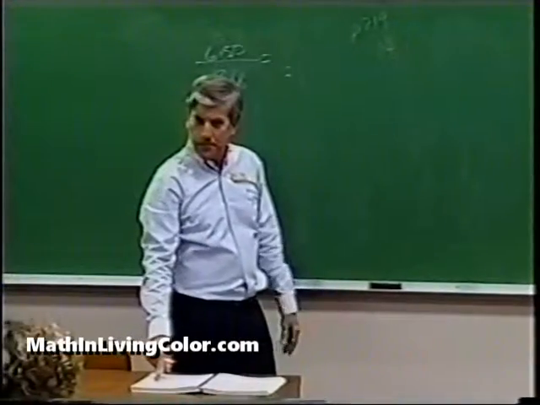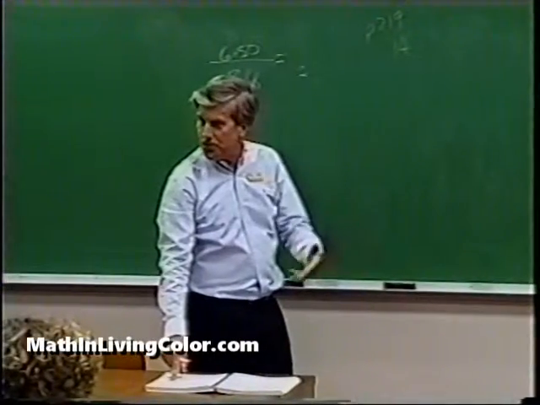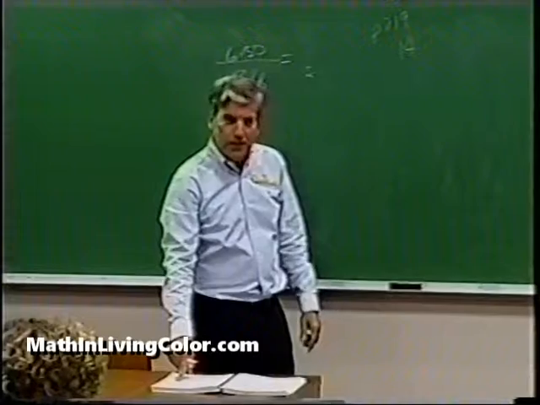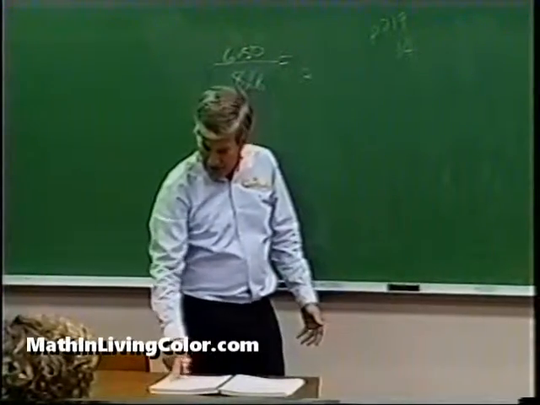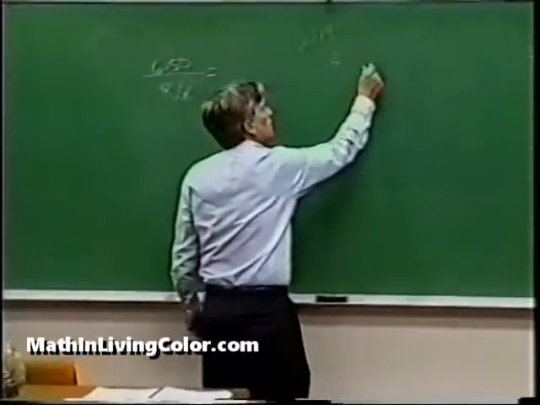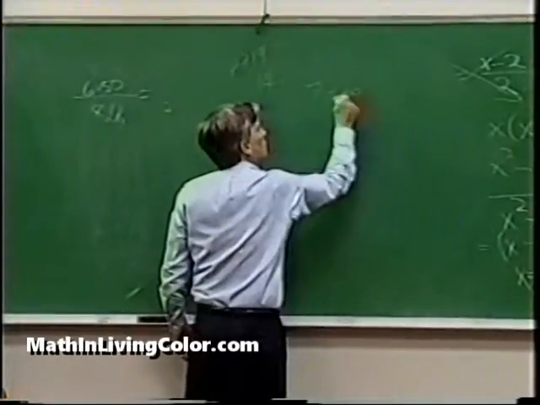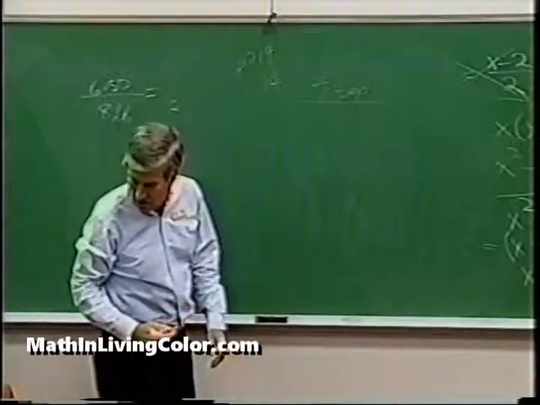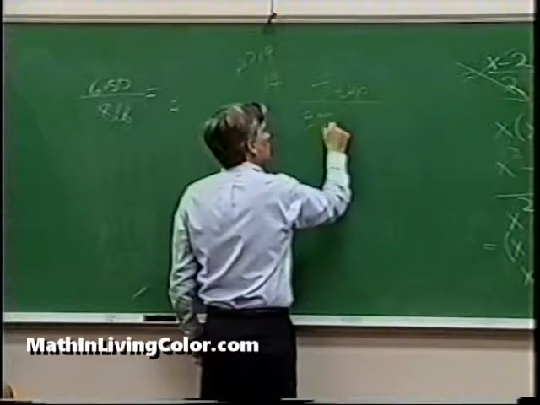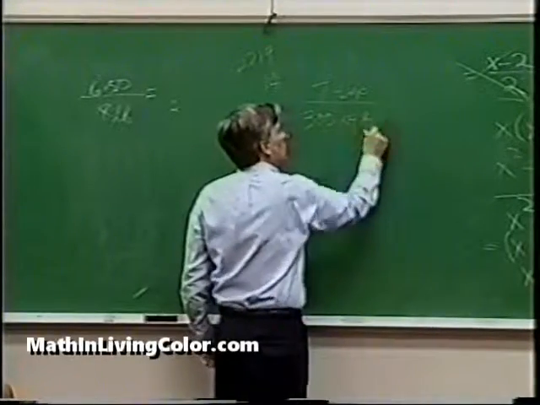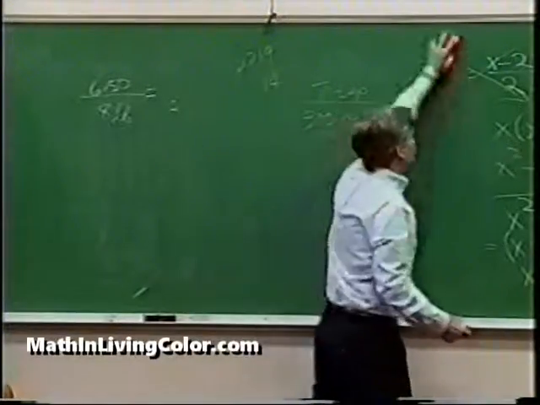You ever done that? Mix up chemicals and things, or mix up a recipe, or whatever. So if I set up a ratio of 7 teaspoons is to 300 square feet, then what would that equal?